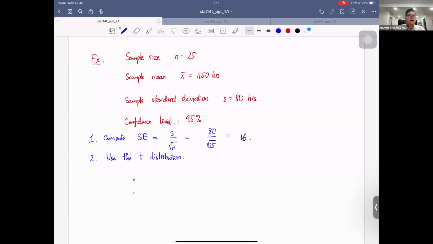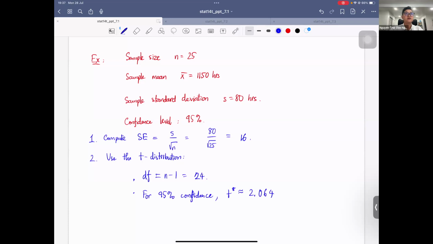The first one is the degrees of freedom, df, which is n minus 1, which is 24. For 95% confidence, from the t table, t star approximates 2.064. Are we good with this one?